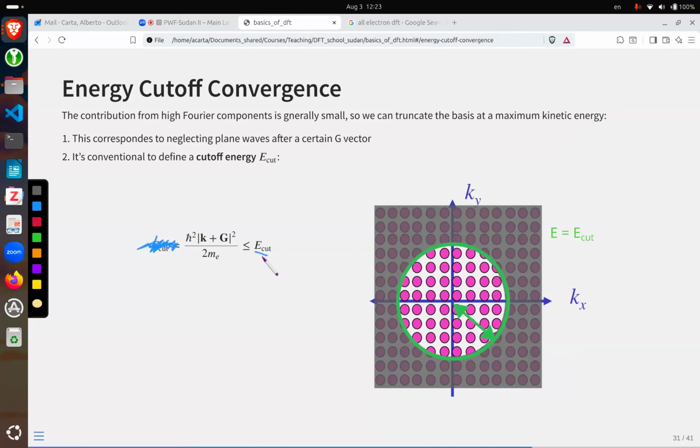So you need a good balance between how far away you go in K space, in G space, so that your problem is computable and you can fit it into a computer, but also so that all the relevant physics is correctly captured. The balance between these two things is what determines the cutoff.